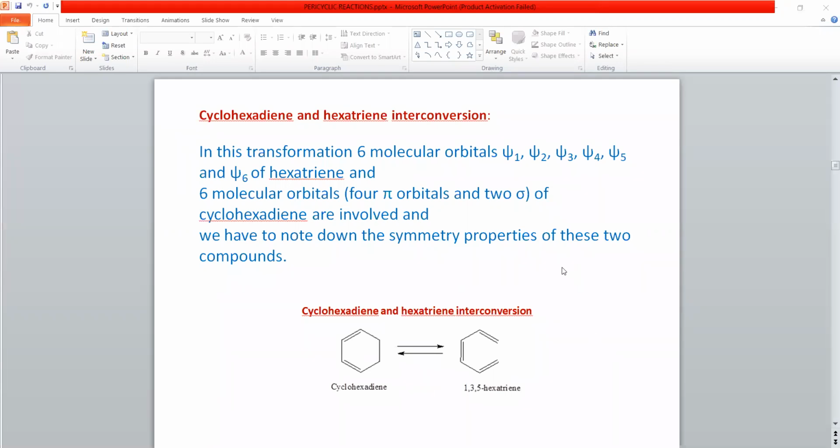Let us see how to draw the correlation diagrams for this. We have to take 6 molecular orbitals, psi1, psi2, psi3, psi4, psi5 and psi6, of 1,3,5-hexatriene.